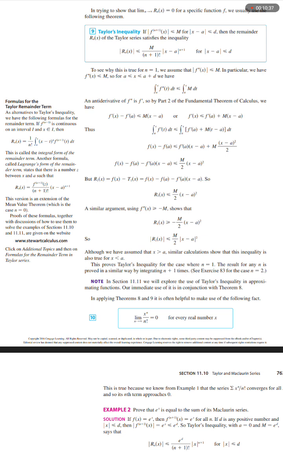The antiderivative of the second derivative of f is the first derivative of f.